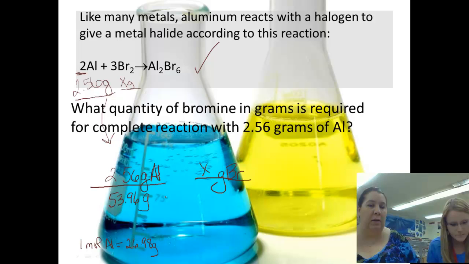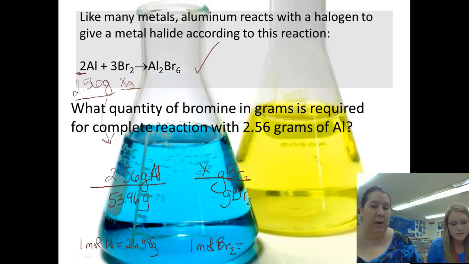So that's going to be grams of aluminum, and that is equal to that molar quantity from the equation. Okay, we've got to do the same thing with bromine over here. So we want to know what are the grams of bromine. This should be Br2 right here. So we know that 1 mole of bromine molecules is equal to 159.8.